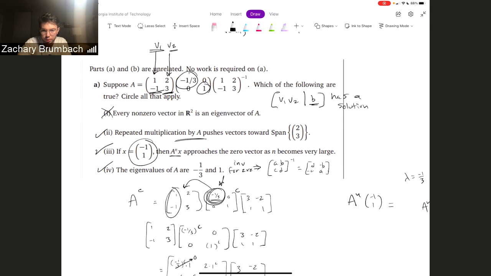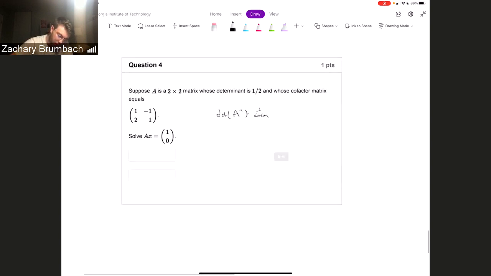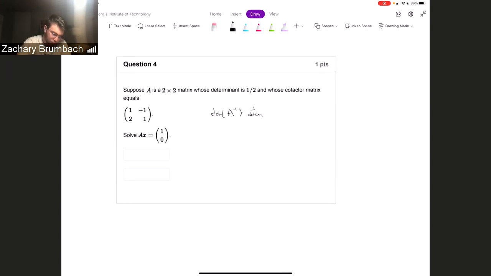Cofactor matrix we can compute. Okay, yeah, this is a definition for a term that you guys haven't used.